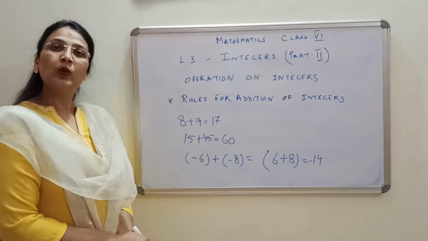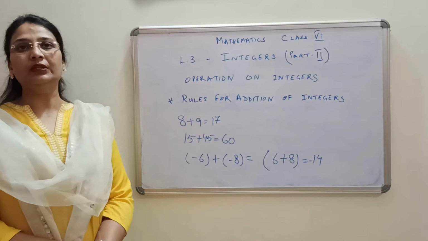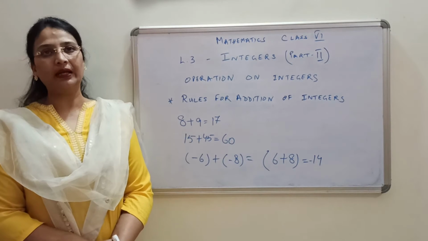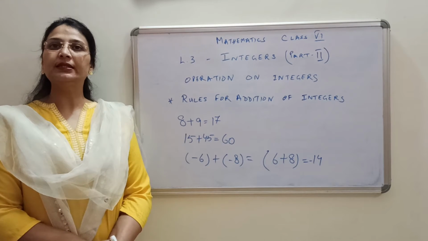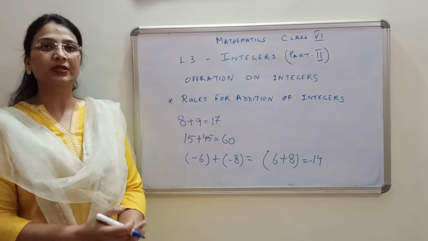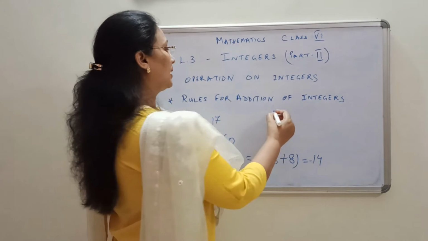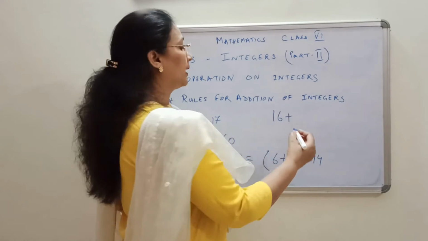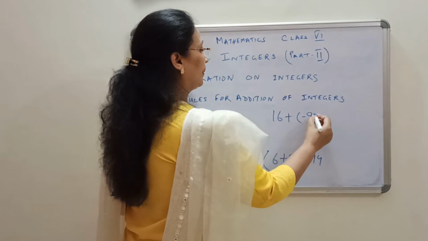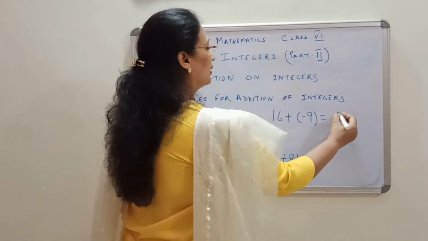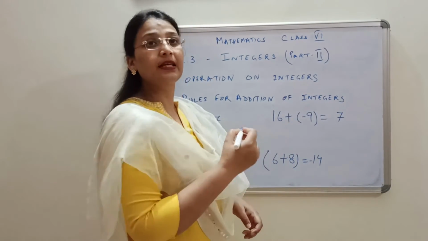Rule 3: To add a positive and a negative integer, we find the difference between their numerical values and give the sign of the integer with the greater numerical value. Just take one example: 16 + (-9). Plus and minus is minus, and your answer is 7.